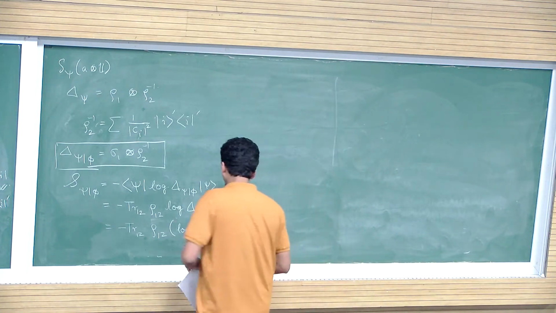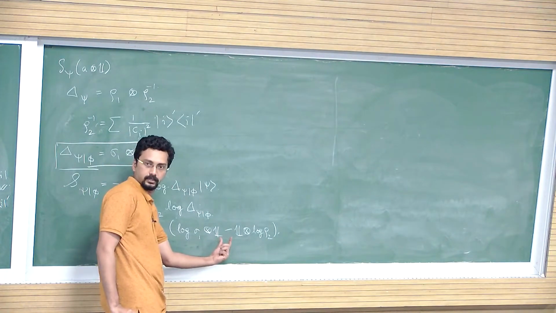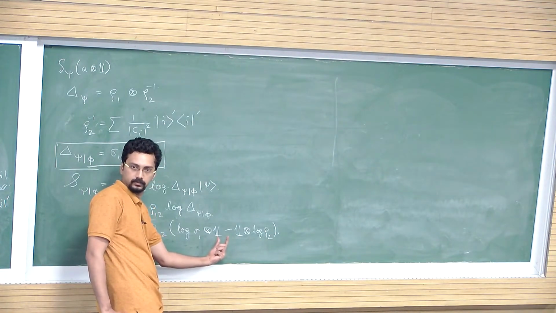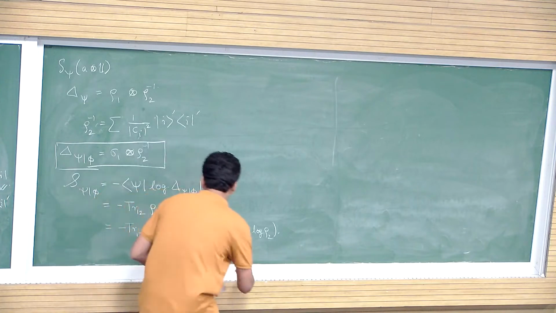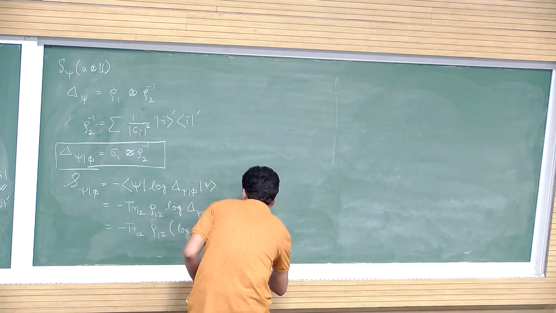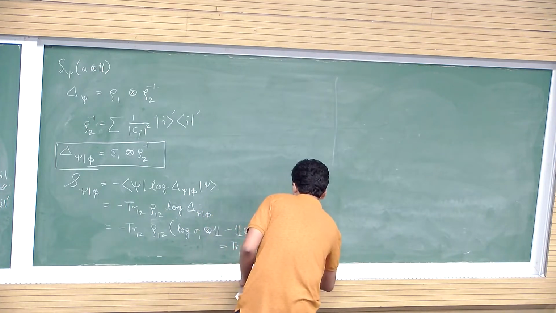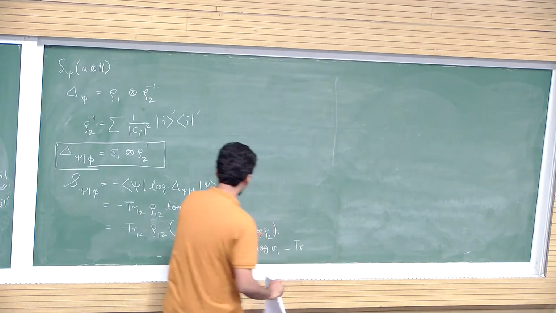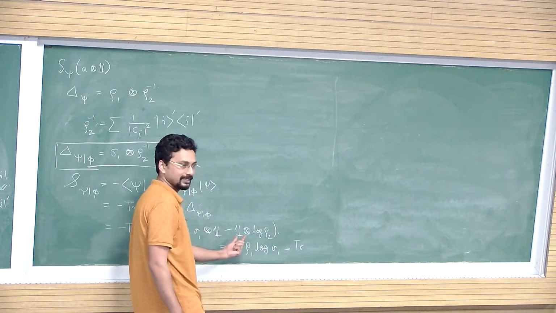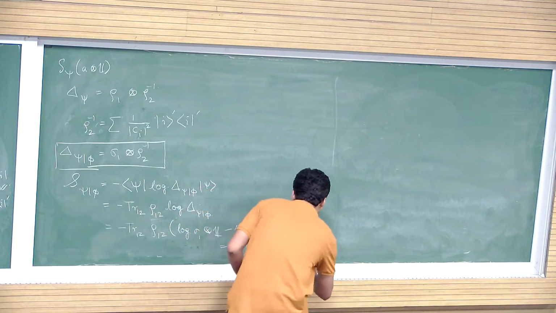Once you take the trace over subsystem 2, it's trivial, there is just identity sitting here. It's not going to do anything. So here you have trace 1, rho 1, log sigma 1, minus, here in this case, you have to trace over the first one because this is the trivial part. So here you are going to write trace 2.